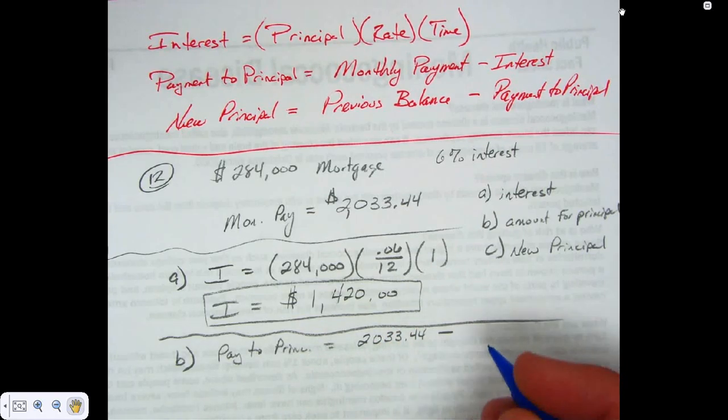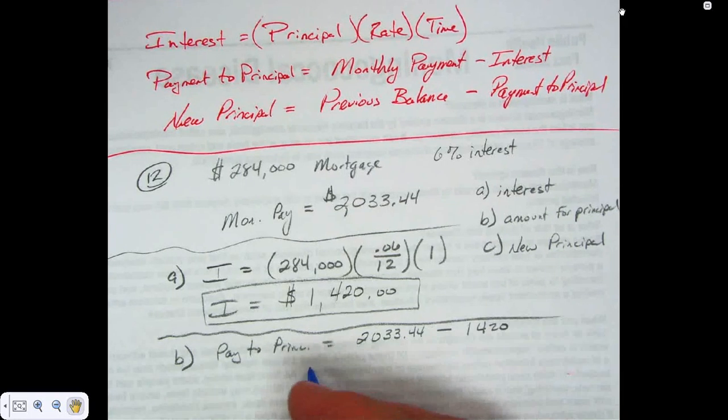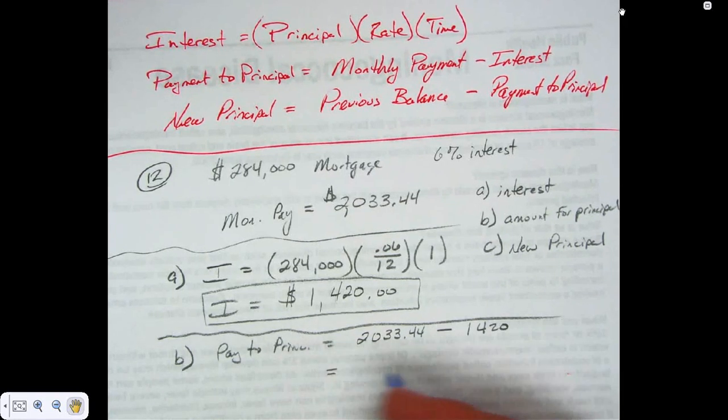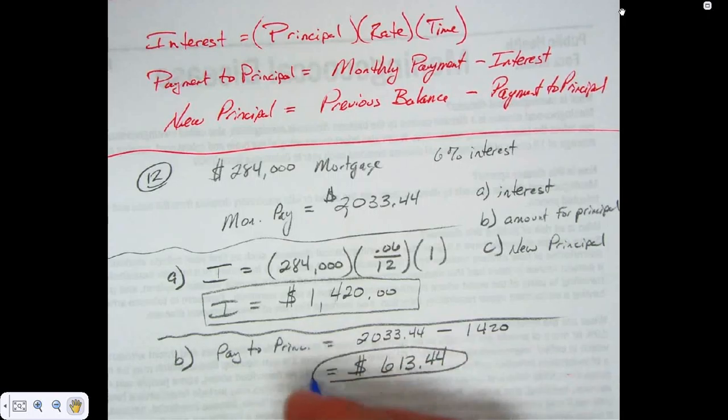Then we subtract the amount of interest we have to pay, $1,420. And what did you say we get as an answer? $613.44. That's pretty easy there, isn't it?